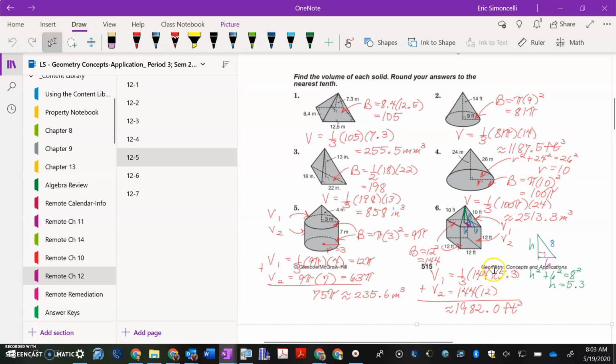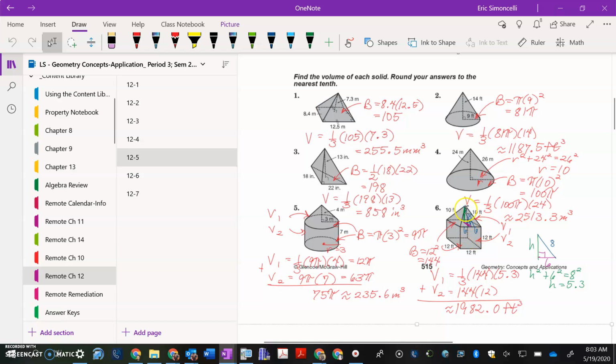If we continue on, the pyramid is a little bit more interesting here. So what I did is I took one of the edges of the base of the pyramid and divided it by 2. So I've got 6 by 6. I also drew in my slant height, which you can depict here as a representation of the altitude of this isosceles triangle face.